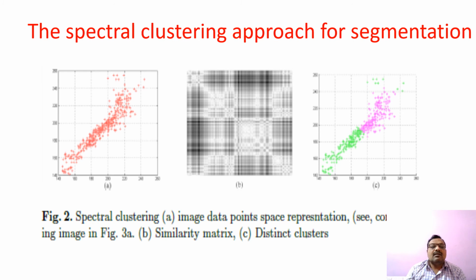Here are the spectral clustering approaches for the segmentation. The figure shows some graphs: the spectral clustering image data points, the space representation. So this is the original image distribution. This is the similarity, and after segmentation we get this type of data.